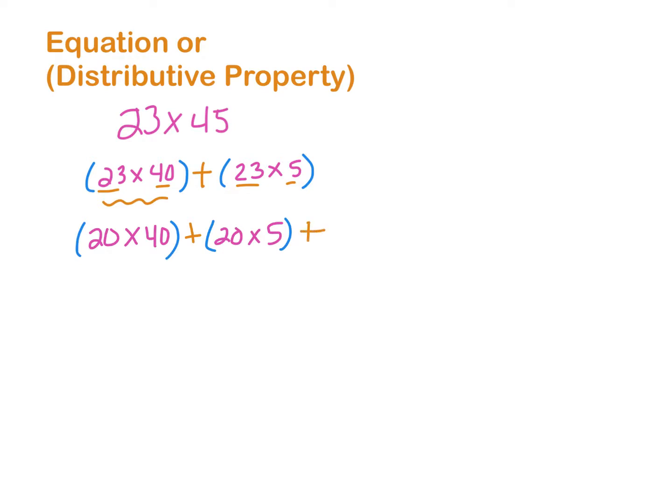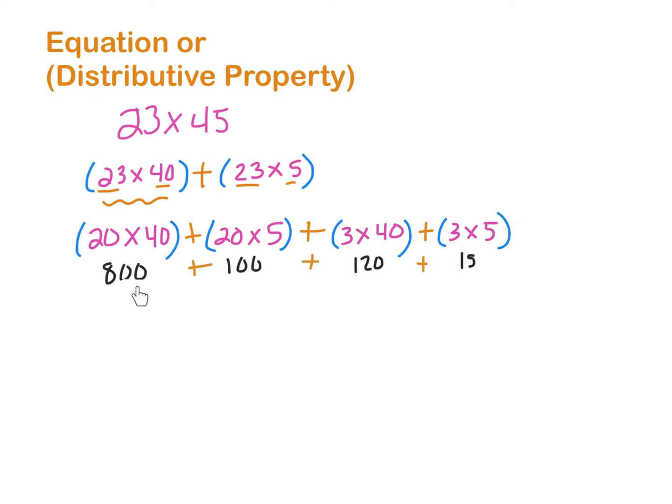And then we're going to look at now the 3 from 23 and multiply it by both parts of 45. There's the 40, and now 3 times the 5 of 45.